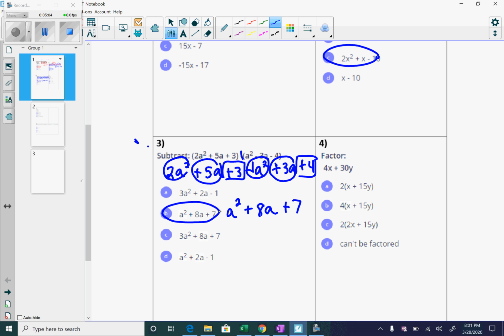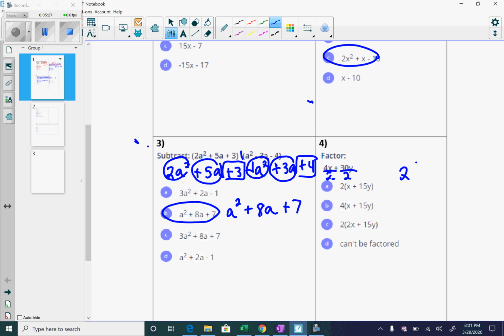Okay, factor. So I'm looking for the greatest number that will go into 4x and 30y. So the GCF, the number that is the largest number that is a factor of both, is 2. So that 2 is going to be what goes in front of the parentheses. I'm going to divide every term by 2.